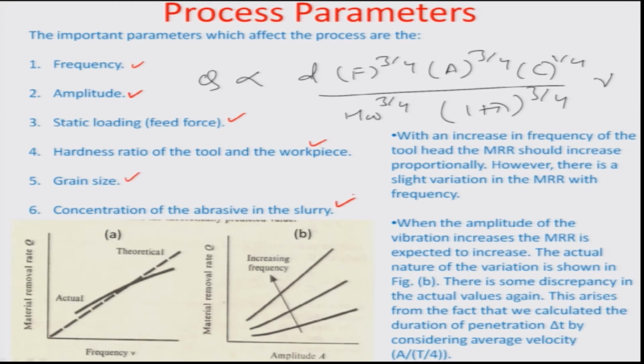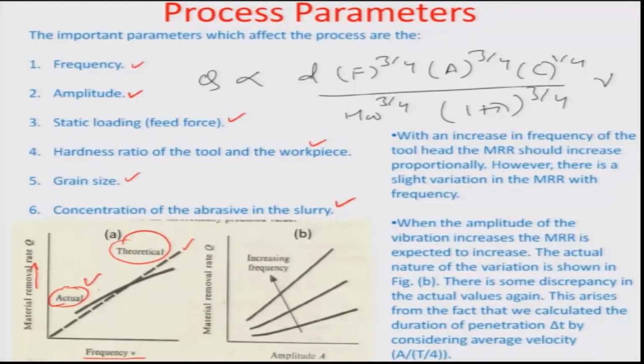So, let us for example look at frequency. Obviously the material removal rate varies linearly with respect to frequency, and so theoretically it should be a straight line plot as seen by the dotted line here. But in the actual case, if you remember, the way we predicted the velocity of the tool was on the basis of an average made between the amplitude and exactly 1/4 of the time period.